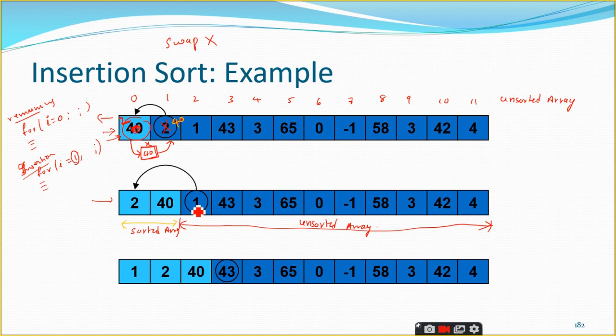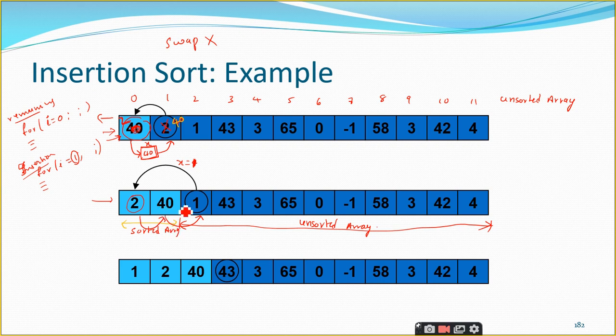In this position, I have identified the correct place where I have to insert 1, that is before 2. For this, what I have to do? I have to create a space at this location, but I should not disturb this order. So, for this purpose, I will copy the element 1 into x, and then I will move this 40 towards its right hand side and 2 towards its right hand side.